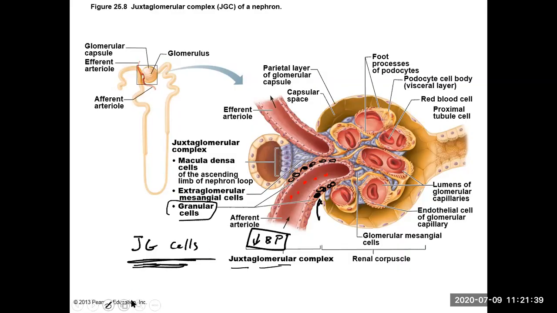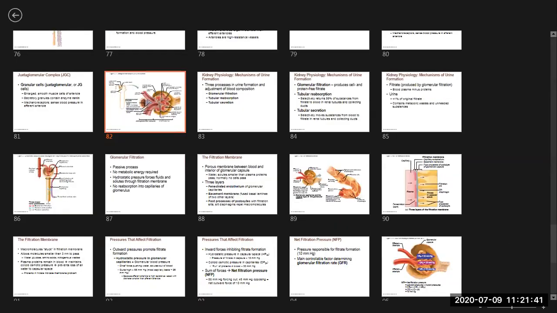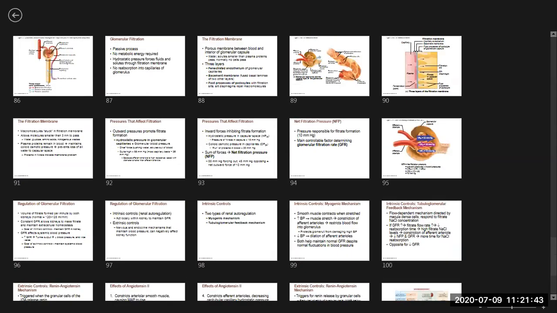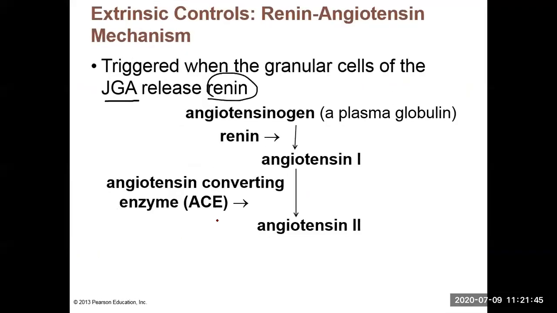So let's go back to what we discussed before, and that was, I believe, right here. Angiotensinogen, with the help of renin, is going to become another molecule. So think about angiotensinogen, that is a plasma globulin. Say, for example, it has this shape.